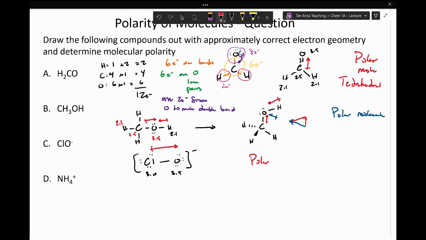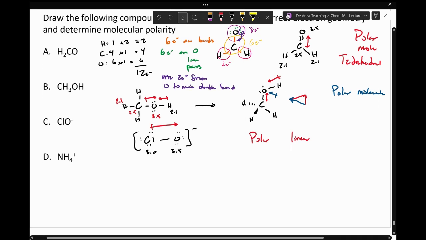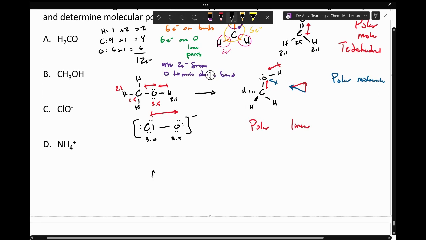And then finally, we have NH4+. When we draw that up, we have 8 total electrons, and we spend all 8 of those electrons forming bonds between the nitrogen and the hydrogens. So this is a positive ion. If we draw in each of our electronegativities, hydrogen is 2.5, nitrogen is 3.0. We could take our red here and draw each of our polar bonds, and they all point towards nitrogen.